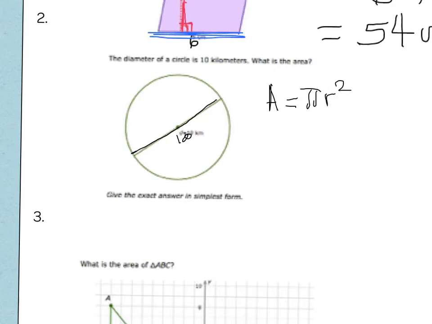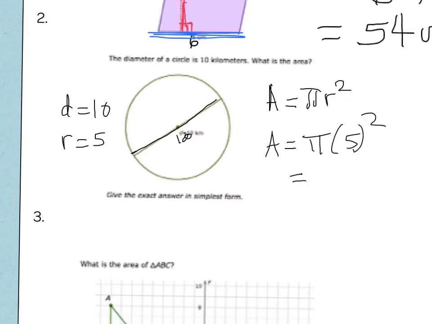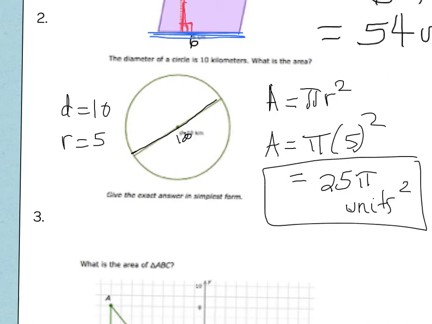So if I take the radius, which I know has to be 1/2 of the diameter, that would be r equals 5, I can plug in A equals pi times 5 squared. And that's going to give me 25 pi. I just switch that around. And then this is going to be units squared. And we're going to leave this as our answer.